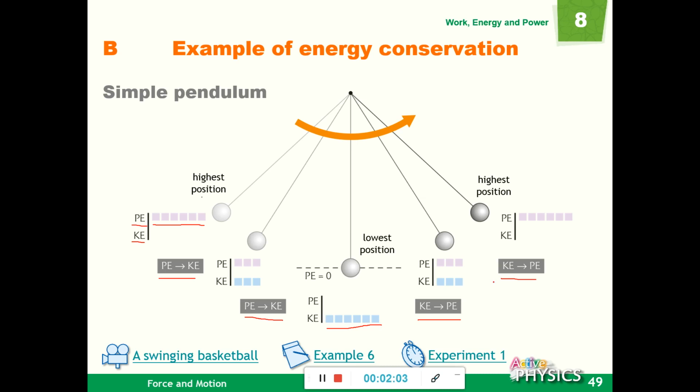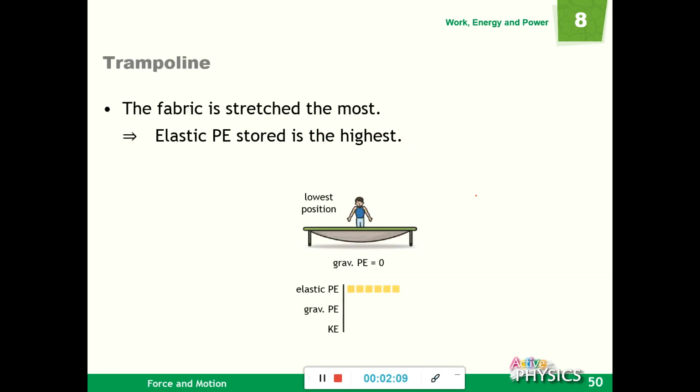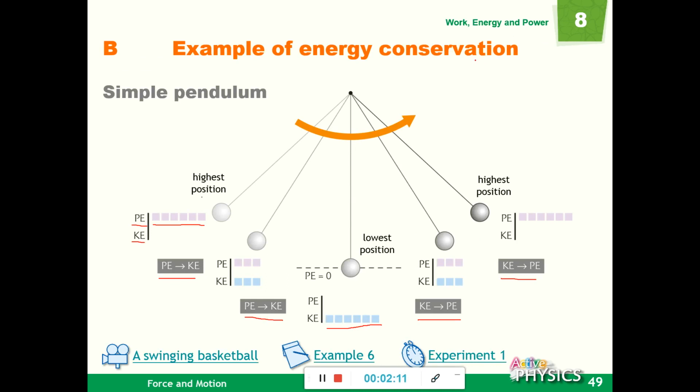And of course, when you look at your book, page 209, we also have the diagram to show that the x-axis will be the height, y-axis will be the energy. We want to find out the relationship between them.